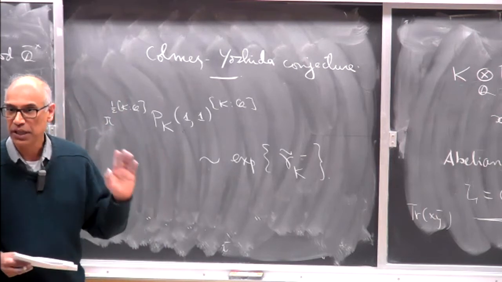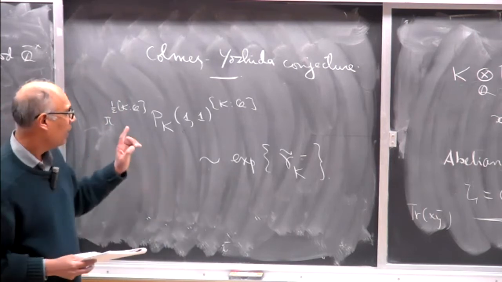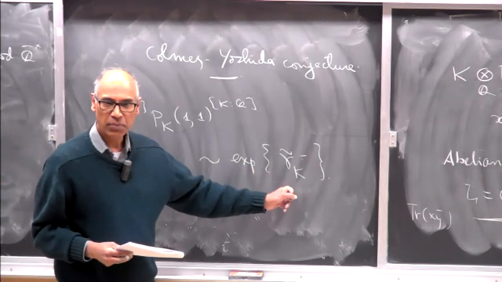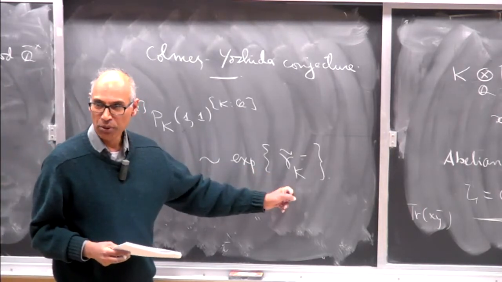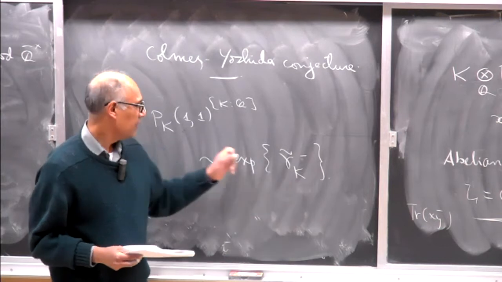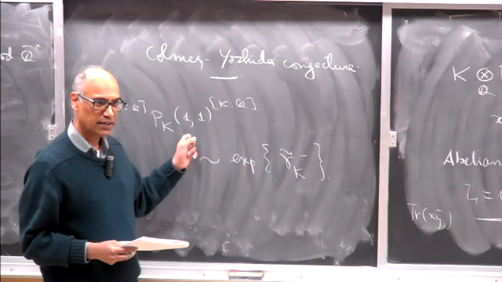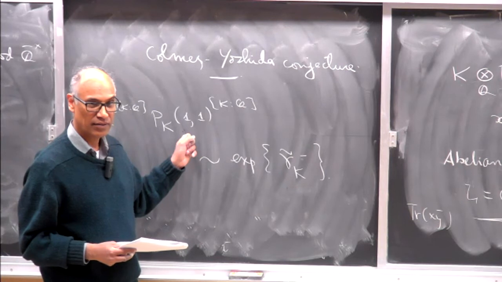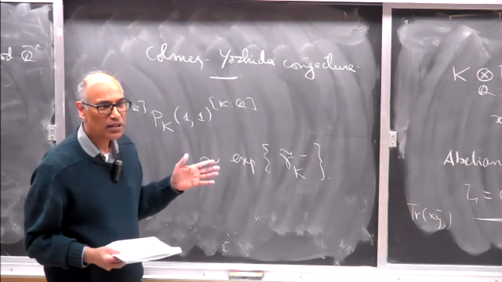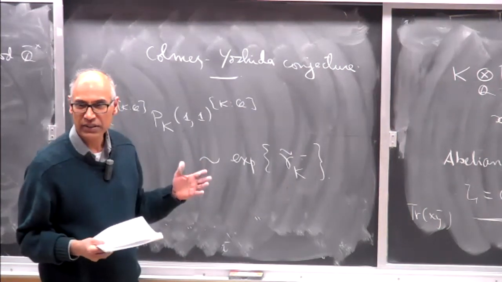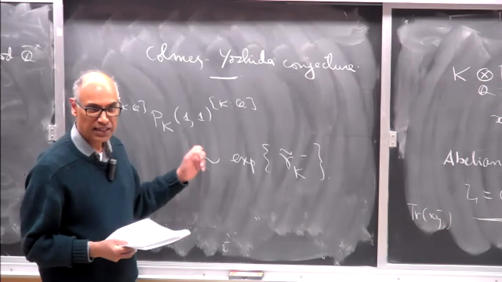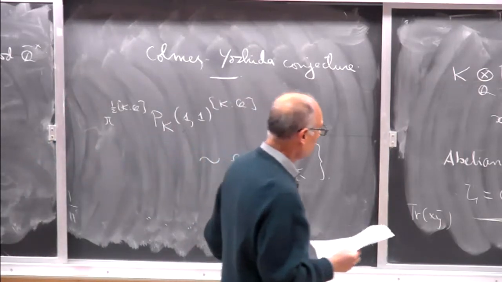It should strike you as very, very mysterious. Why? Because this, as I told you, is made up out of Artin L functions, motives of weight 0. This is made out of abelian varieties, motives of weight 1. There's no reason why the two should be held together like this. But that's the conjecture. So now where does this conjecture come from?